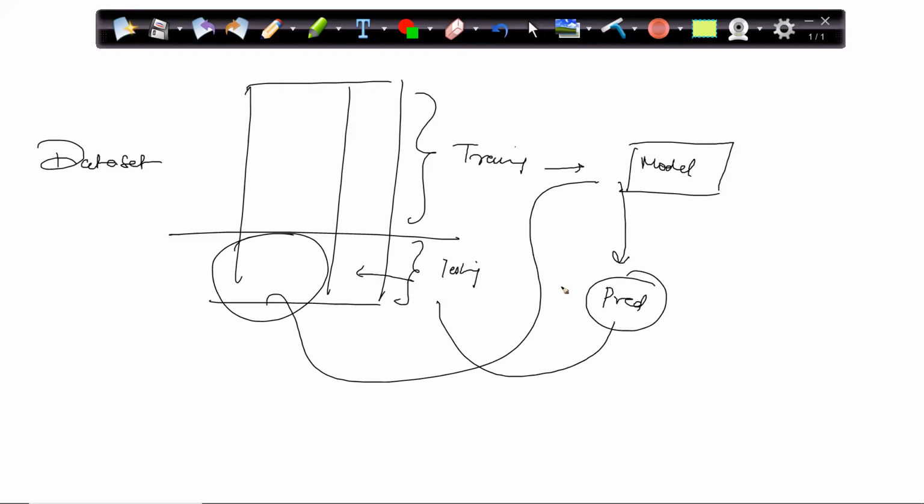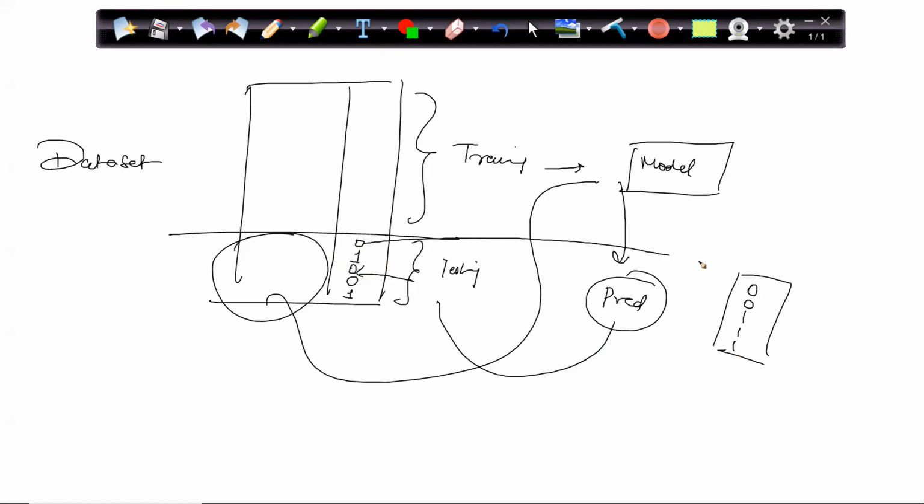Those predictions will be compared with the original values which we have. For example, here the actual values are: my customer did not get the loan, got the loan, did not get the loan, did not get the loan, got the loan. So these are the 5 records. I already have the answers with me, and let's say my model is saying 0, 0, 1, 1, 1.